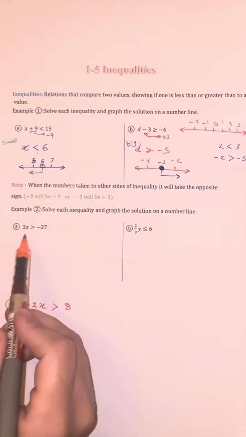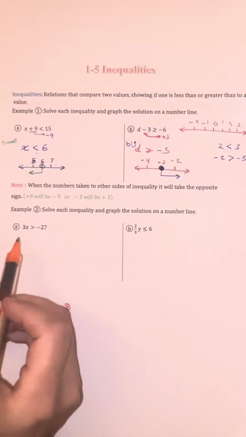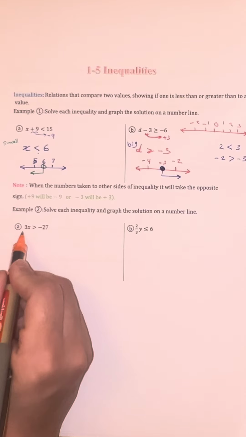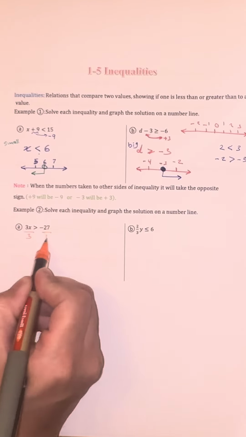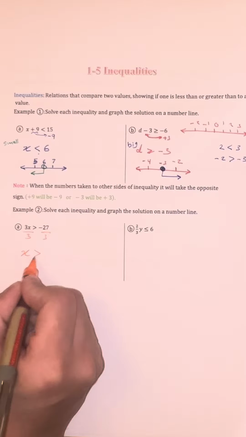If we have multiplication between a number and a variable, or we can say if we have a coefficient for a variable, we need to divide both sides by the coefficient of the variable. The coefficient of x is 3. So we need to divide both sides by 3.